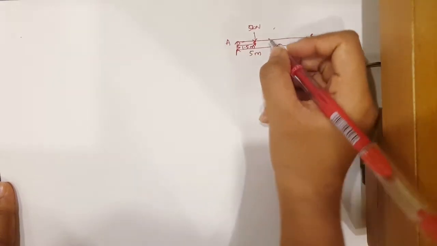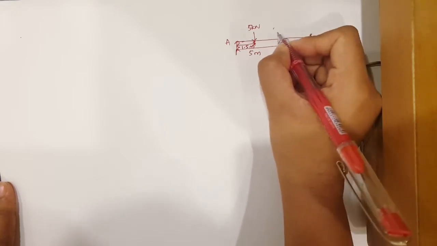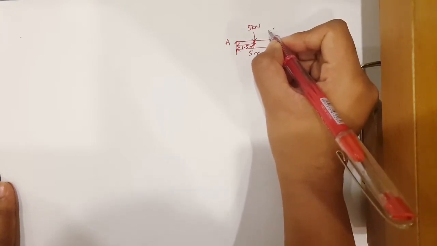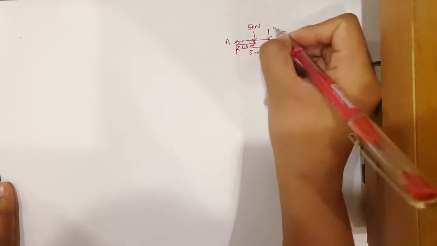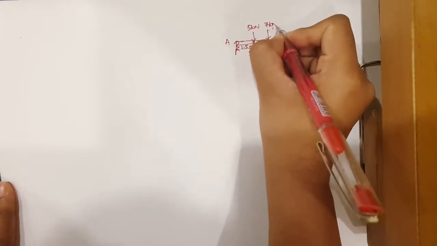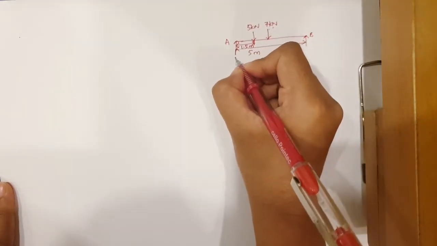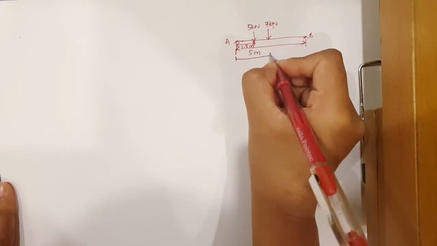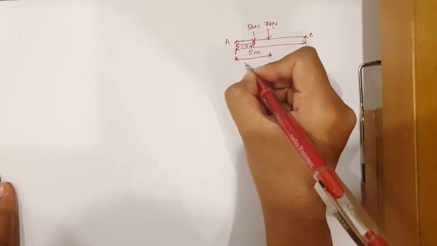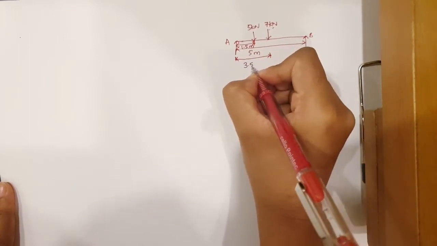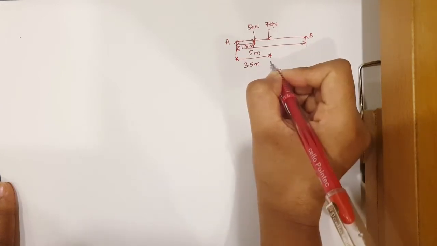And then next, which is 7 kN load. 7 kN load is at a distance from this point till here from left hand side. It is at a distance of 3.5 meter.